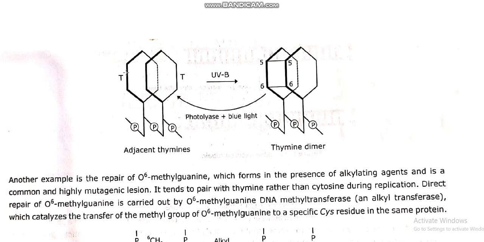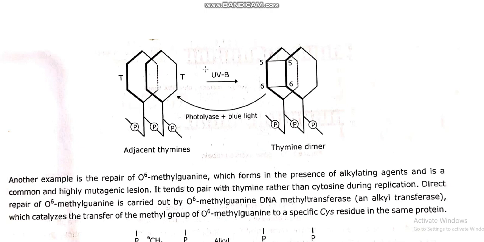Okay, so if thymine bases are there consecutively in a particular strand, either of the two strands, then the UV-B light will induce the formation of a thymine dimer.